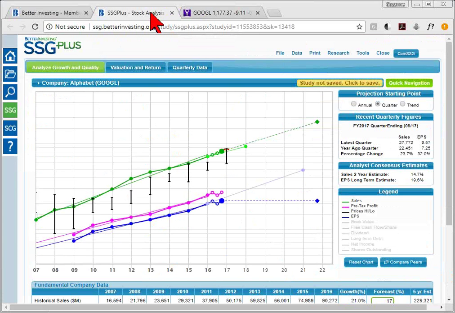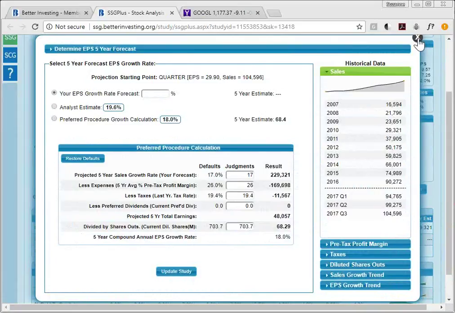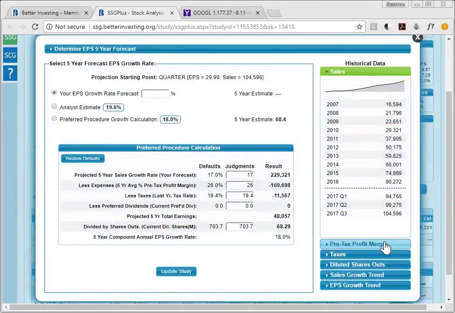So in our head, we go back here, we open up our earnings panel, and we say, okay, actually, let's reference history. 13% for history, 32% last quarter, 19% for this analyst, 20 point whatever for the Reuters Yahoo analyst, 18% for preferred procedure with all the default values.